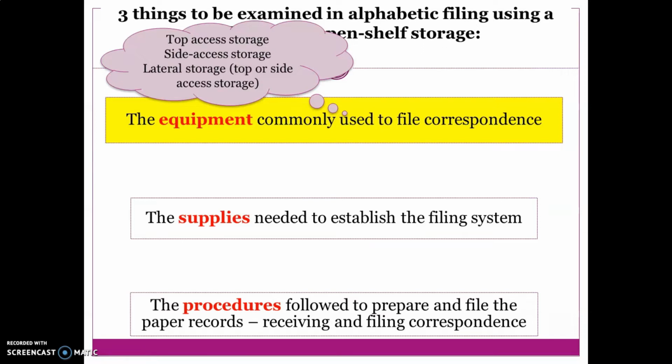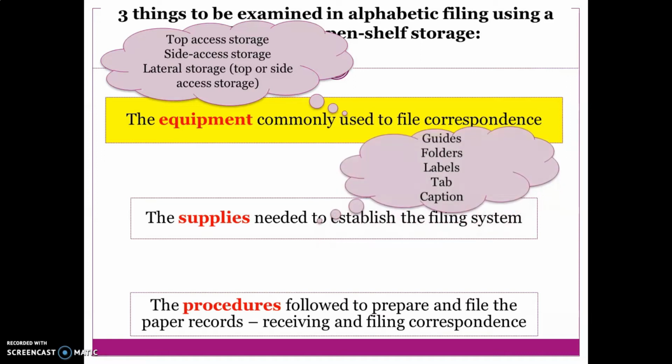The second thing you need to examine for alphabetic filing is the supplies needed to establish the filing segment. Here the supplies mean what you need inside the file, not only the file but also the drawer itself, which we call the equipment.